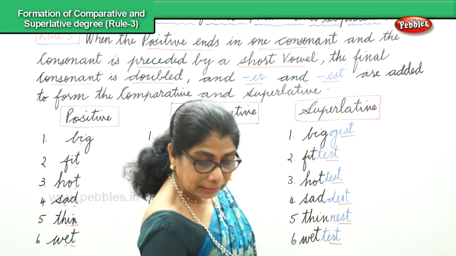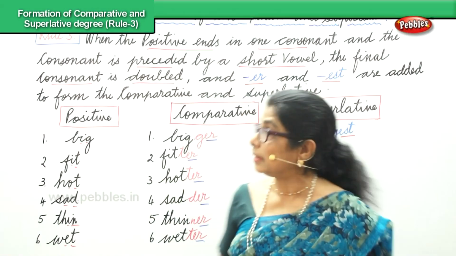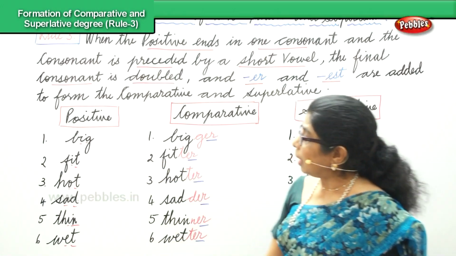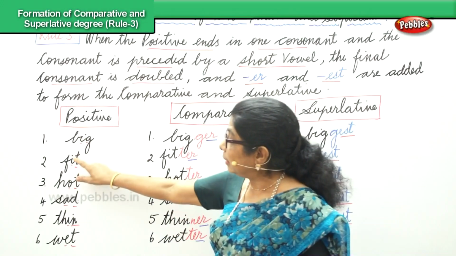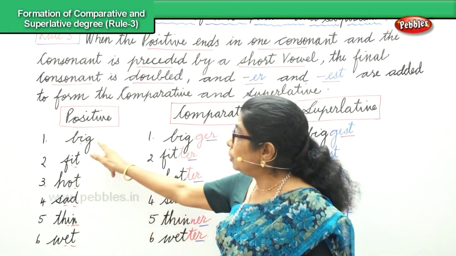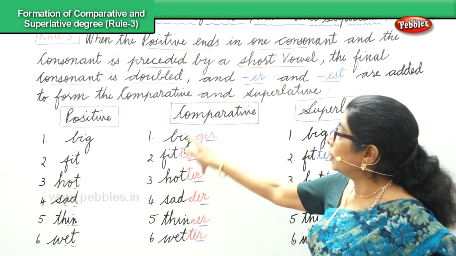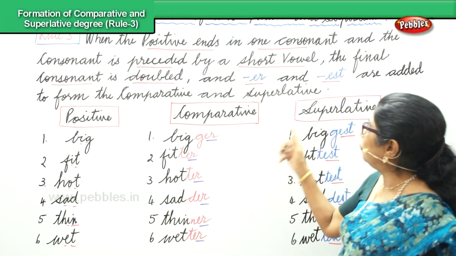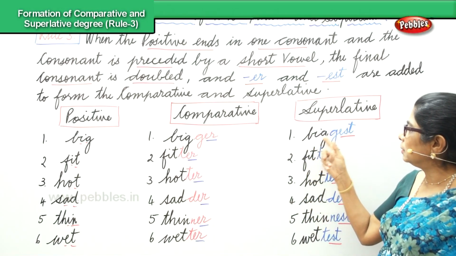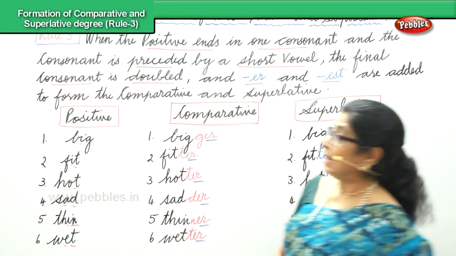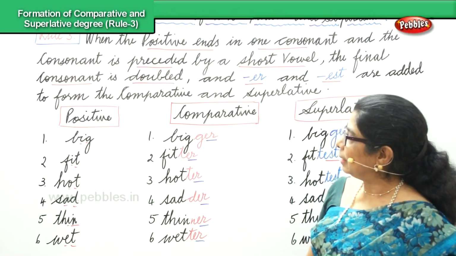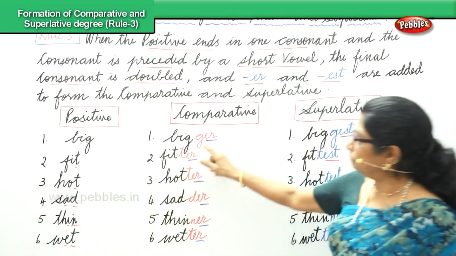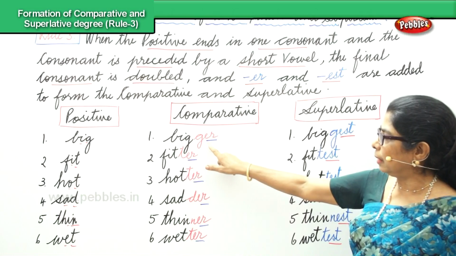Now, rule number 3 is very easy. It says, when the positive ends in one consonant preceded by a short vowel, you double the consonant and add ER to form the comparative, and double the consonant and add EST to form the superlative. Let's read all six. Big, bigger.